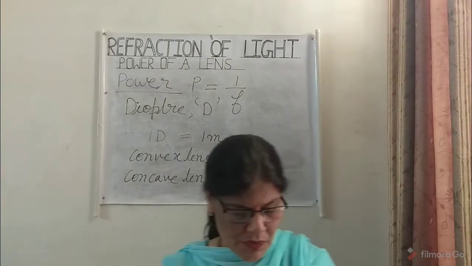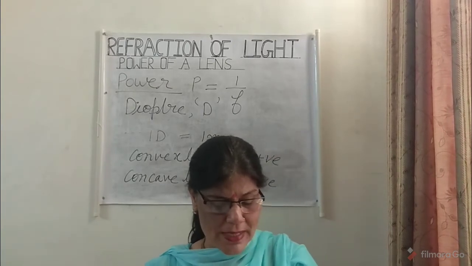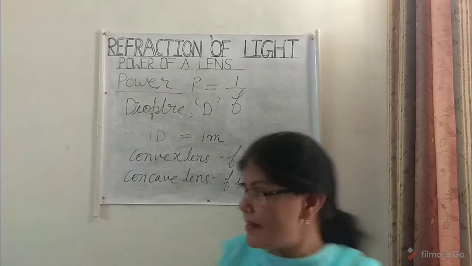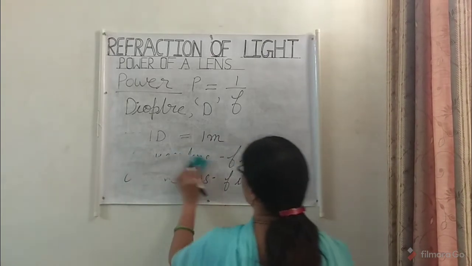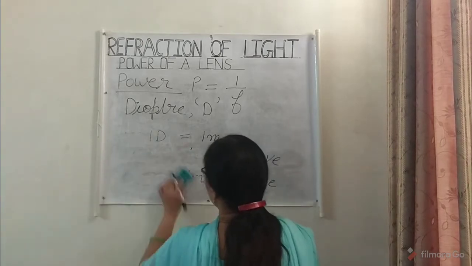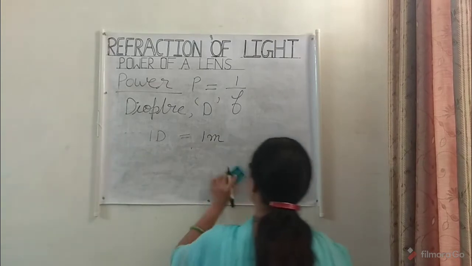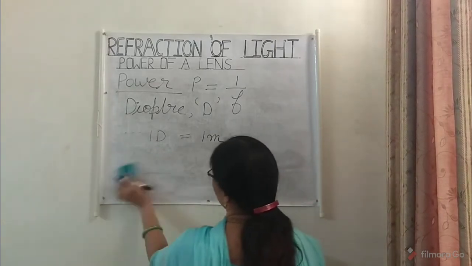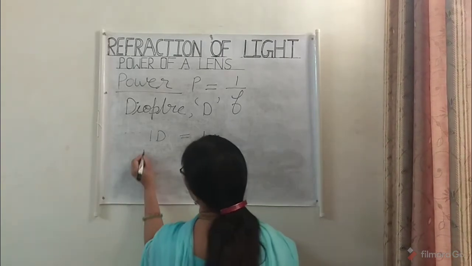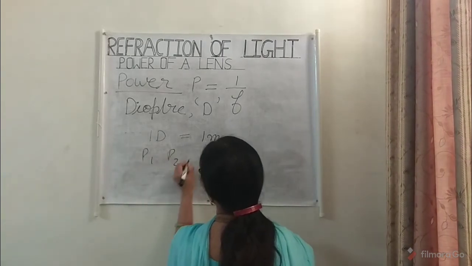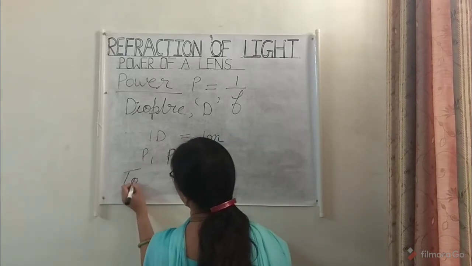Another thing is, many optical instruments consist of a number of lenses. In that case, the doctor prescribes you the power of 2-3 lenses, like P1, P2, P3.